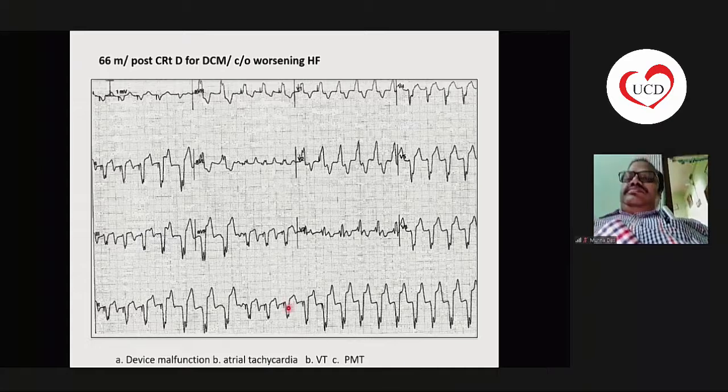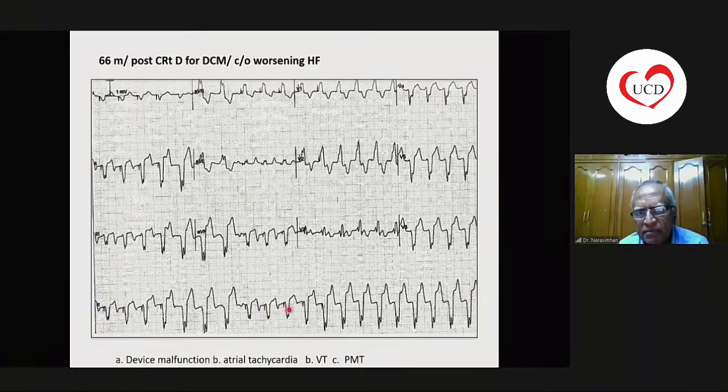Again, to show that this patient has a paced rhythm, right bundle branch block morphology, Q in lead 1, but after a certain number of beats, this becomes a broad QRS, and there is a fusion. This is a fusion between the broad QRS and the paced beats.